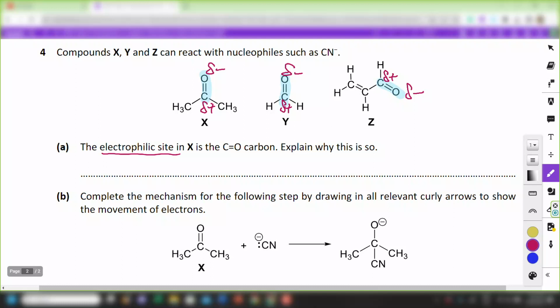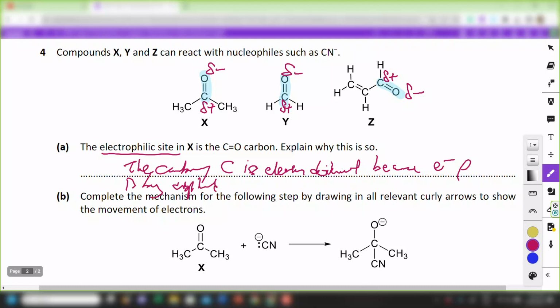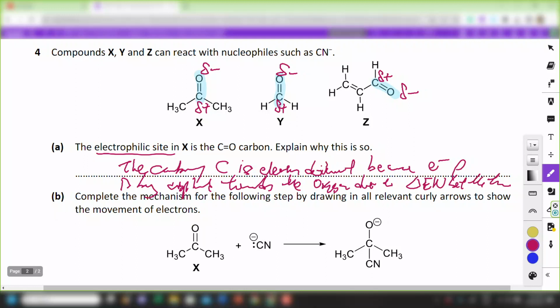This is a pretty important term, or you can just say that the carbonyl carbon is electron deficient because electron density is being displaced towards the oxygen, due to the electronegativity difference between the two. Or you can say due to the fact that oxygen is more electronegative than carbon.